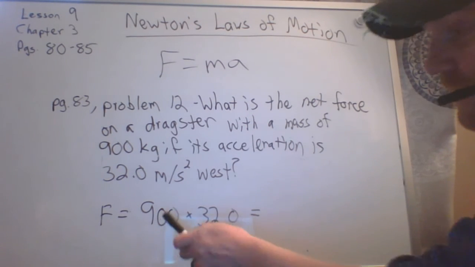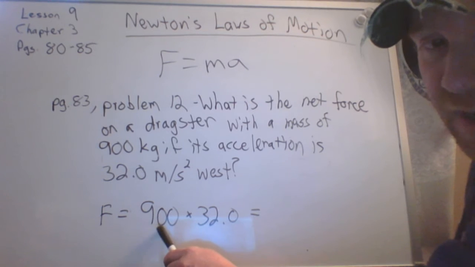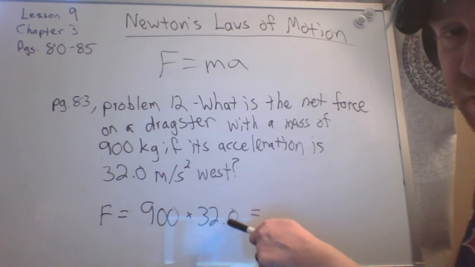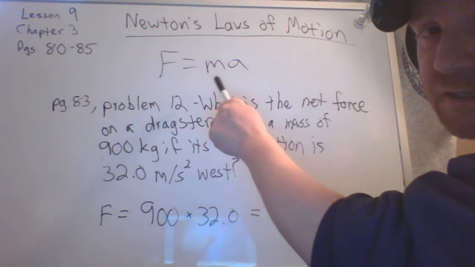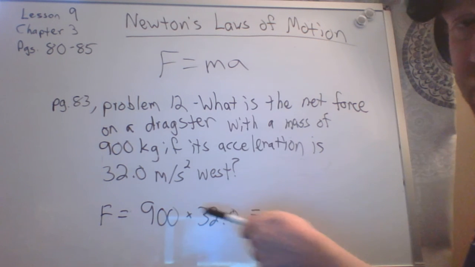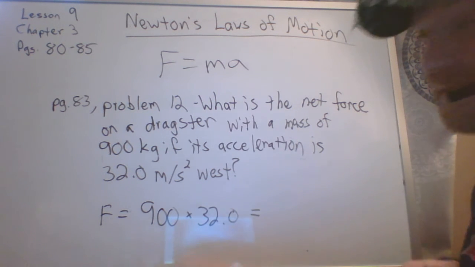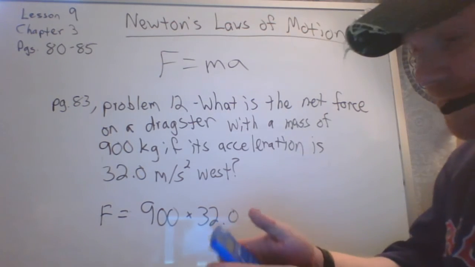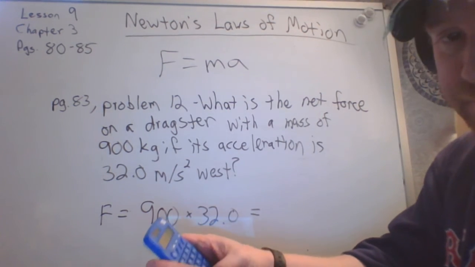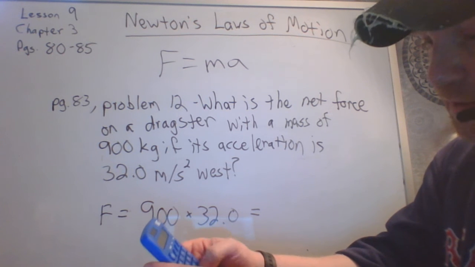So what I've done here is I've taken the mass, 900 kilograms, multiplied by 32.0, because it is the mass times the acceleration. Here's our acceleration, here's our mass. 900 times 32.0.